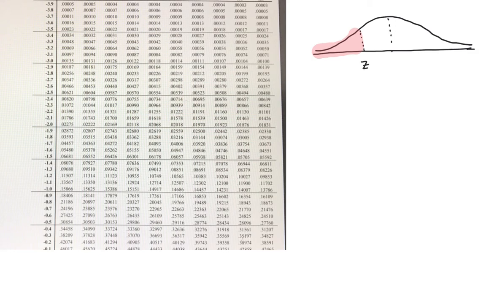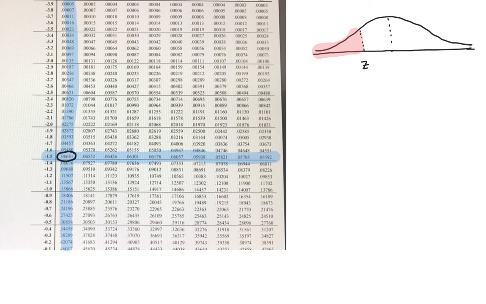So if we're looking for negative 1.5, we're looking for negative 1.50. So we just go across in one direction and down in the other, and where they meet is our value. So there it is there.